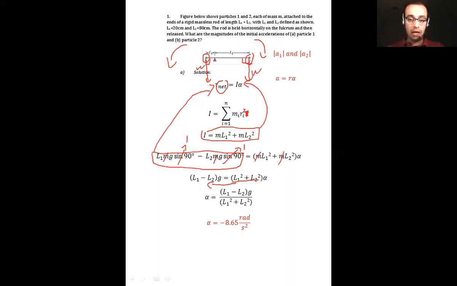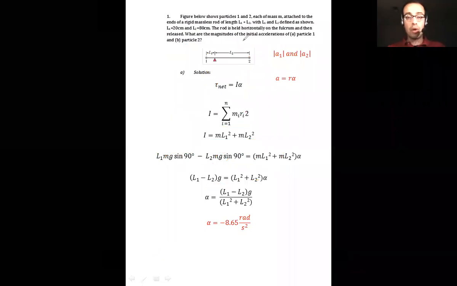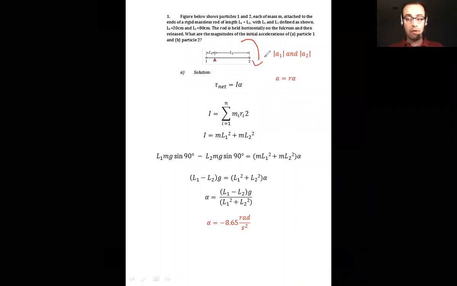Well, that tells us that the rotation is going to be in this direction, so it's going to be a rotation in a negative clockwise direction. That makes a certain intuitive amount of sense.